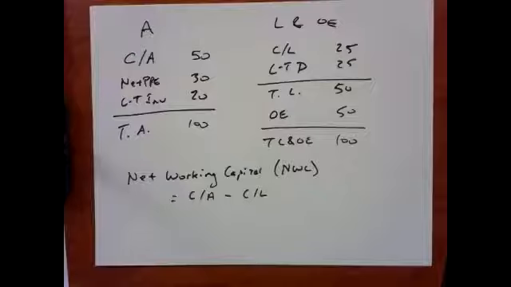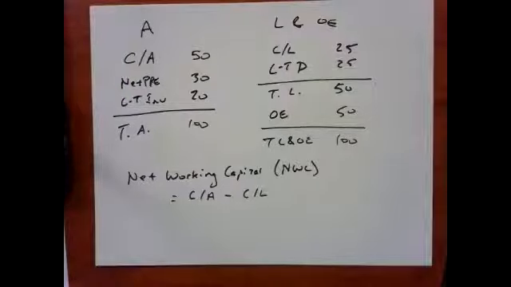That's the stuff that the organization has to do its business. And then we subtract from that its current liabilities. So if it's got short-term bills it's got to pay, then it can't mess around with the cash. It's got to have the cash set aside to pay those short-term bills, right?